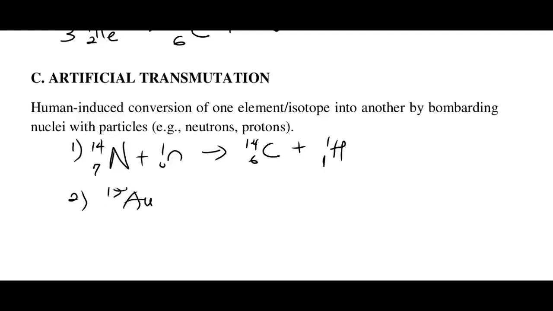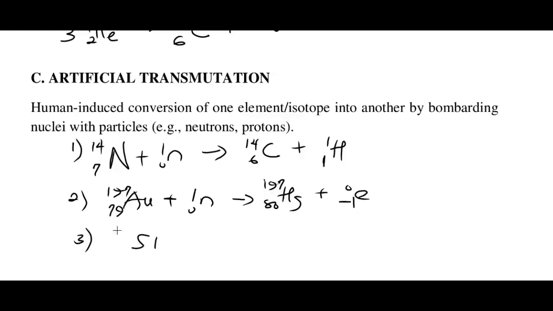Gold, Au, 197 and 79 plus neutron can be transformed into mercury, 197, 80 plus electron. Then phosphorus can be created from silicon. Let's have silicon 28, 14 plus neutron can produce phosphorus. So these are all examples of artificial transmutation.